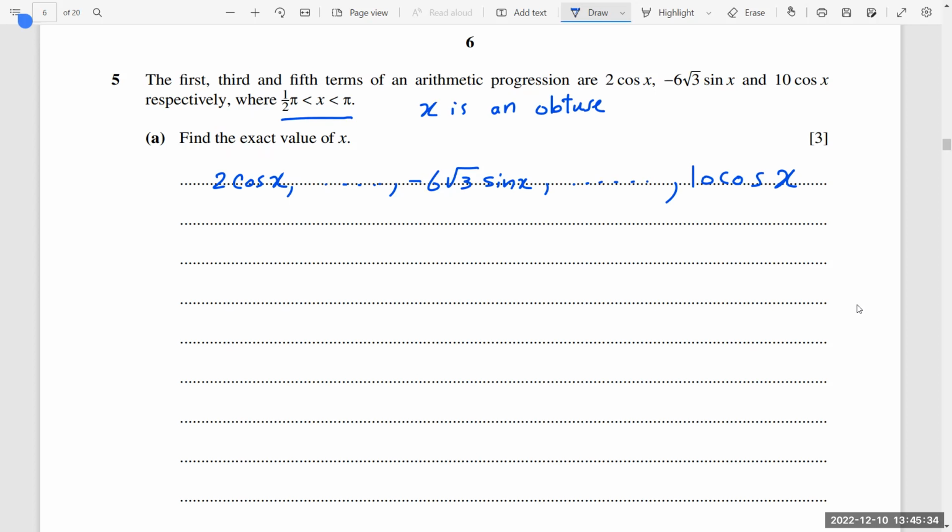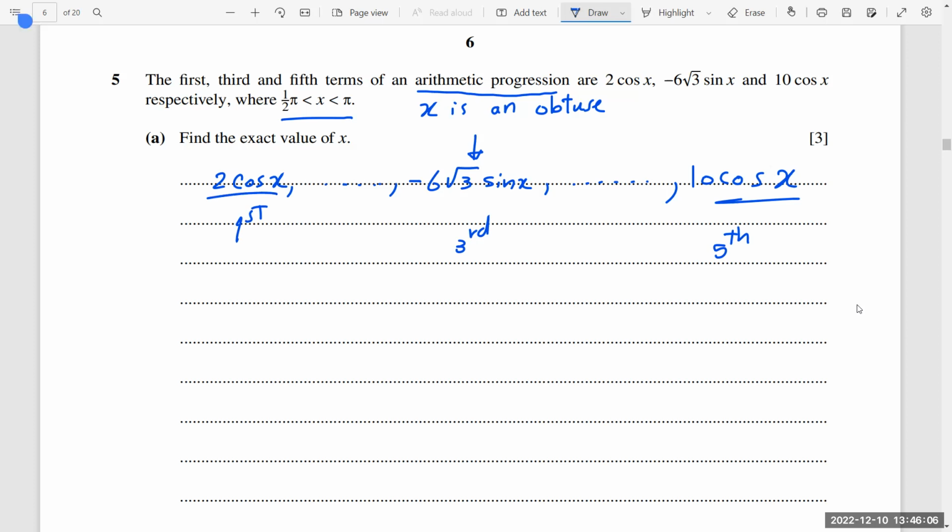Now, the question is, find the exact value of x. To find it, I have the first term, third term, and fifth term in the arithmetic progression. The third term, negative 6 radical 3 sine x, is the median of the first and fifth terms.